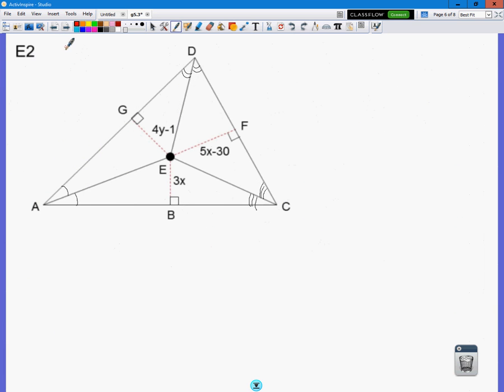Here's what it looks like as an example. And again, let's make sure that you mark your angles showing that it bisected this angle, that it bisected where D is, and that it bisected where C is. So that we can see that AE is an angle bisector, DE is an angle bisector, and CE is an angle bisector.